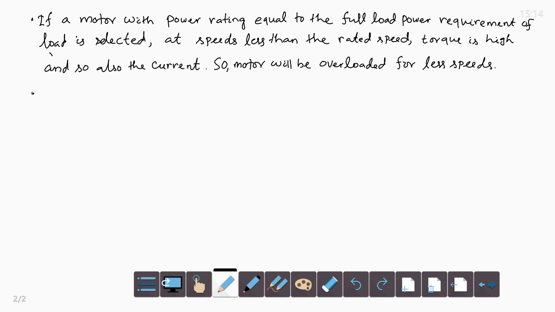Then another important point: if slip S equals 1/3 or more, then what happens?